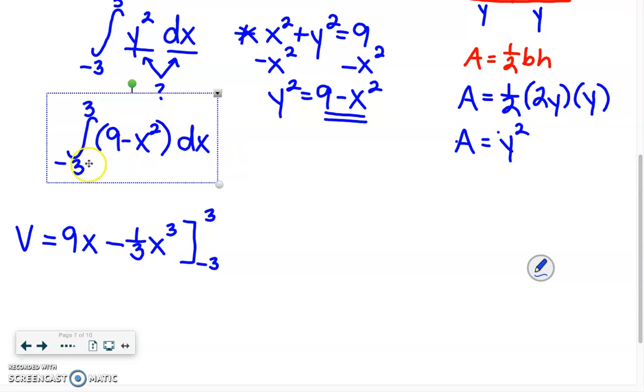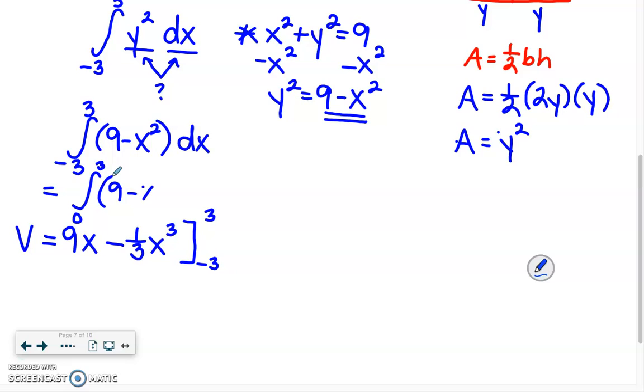So instead of going from -3 to 3, you could go from 0 to 3 and find the area from 0 to 3, same equation and everything, but then just double it, because the area from 0 to 3 is exactly the same as the area from -3 to 0, and so you just need to find half the area and multiply it by 2.